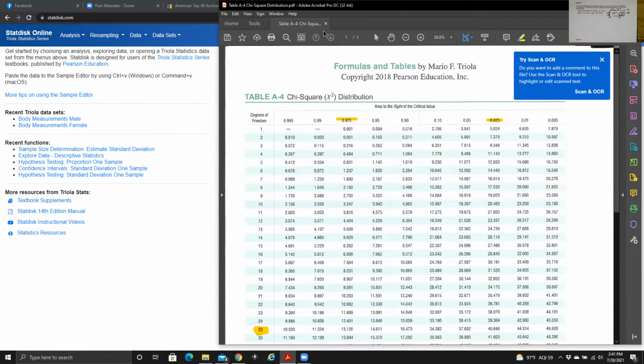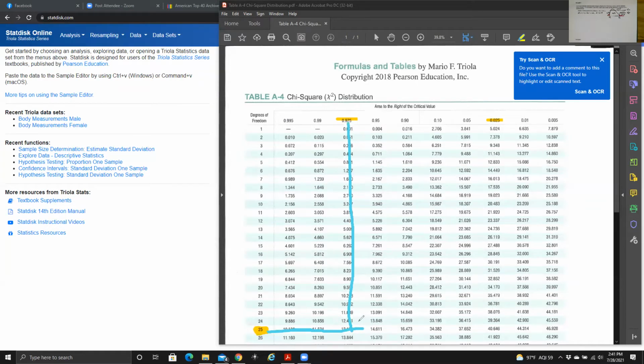All right, so now, if we go to the right, it would go 25 and 0.975, read across and then read down. You're going to see that this will be the critical value on the left.